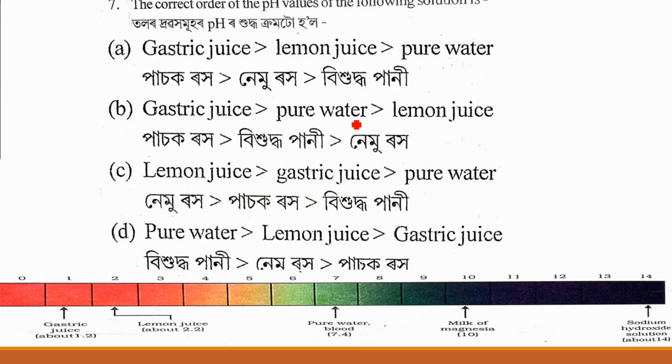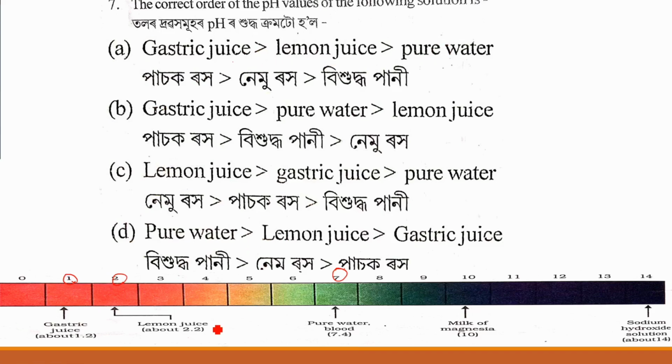It is because pure water has a pH value of 7, gastric juice has a pH value of 1, and lemon juice has a pH value of 2. The lowest pH value means more acidic in nature. That means gastric juice is more acidic as compared to lemon juice, which is more acidic as compared to pure water.